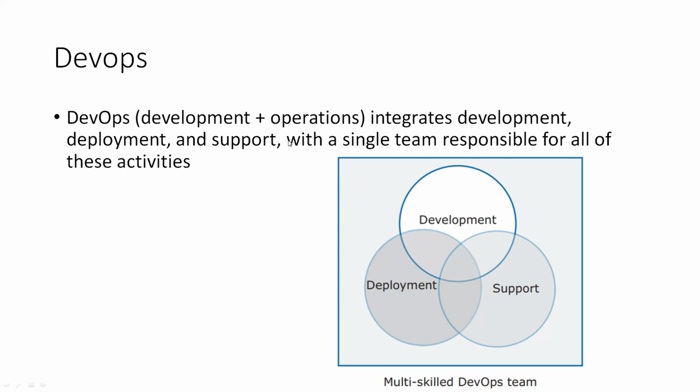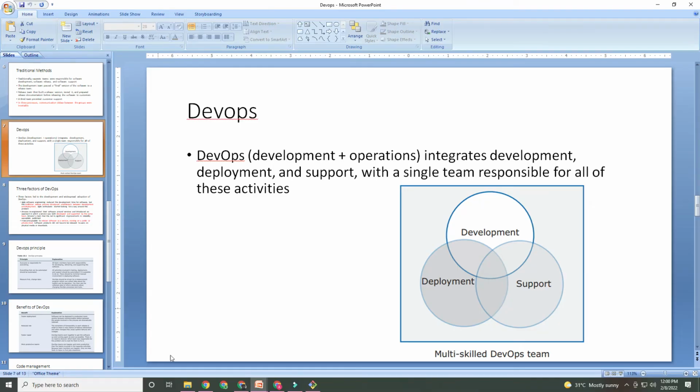DevOps integrates development, deployment and support. All these three will be integrated, and that is called DevOps. How is the automation done? These three things will be automated. Once it is developed, how it is deployed, and from this deployment, how it is supported. Everything will be automated. That is what is called DevOps.